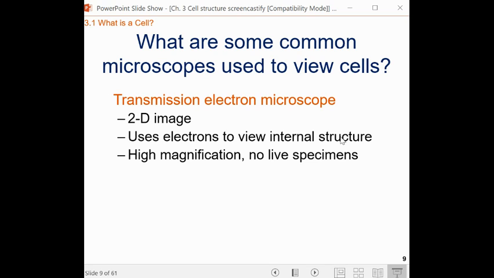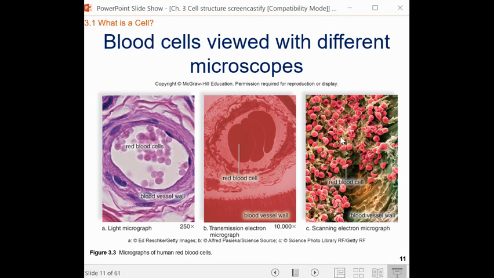It's also going to have a two-dimensional image, and it's using electrons to view these internal structures. It's got a very high magnification, but we have to kill the specimen in order to be able to mount it. We can also use a scanning electron microscope, which does make a three-dimensional image. It's also using electrons, but it's using it to view the surface of those structures. Again, high magnification, but no living specimens.